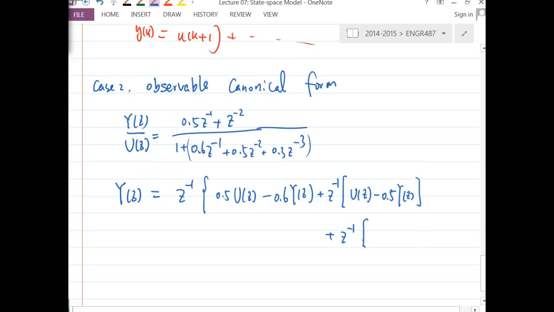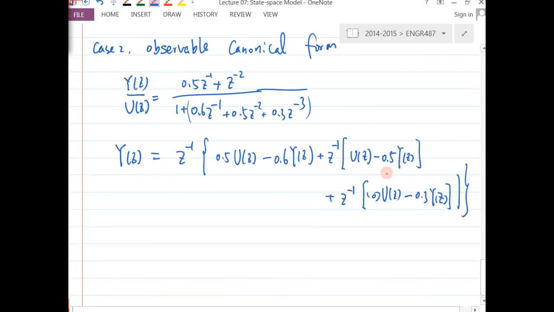The last term here is just 0 times u of z minus 0.3 y of z, and then several brackets here to conclude it. Can you see that? It's a nested thing here.